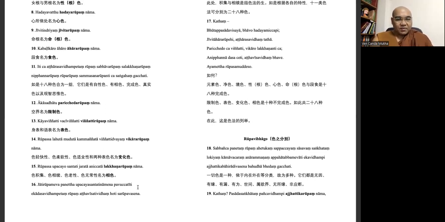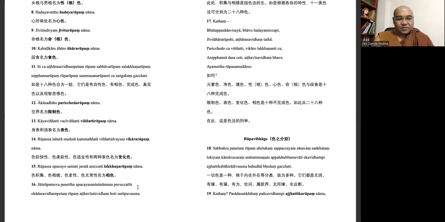So Upacaya arising, Santati continuity, Jarata getting old, Aniccata decay. These are the signs, not the real Rupa; they are signs or marks of the Rupa. Of these 4, Upacaya and Santati, two names are given.